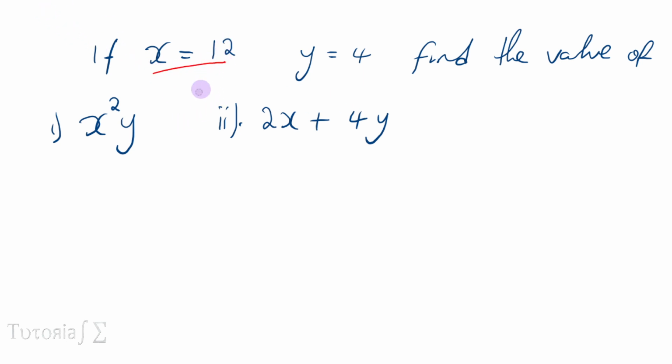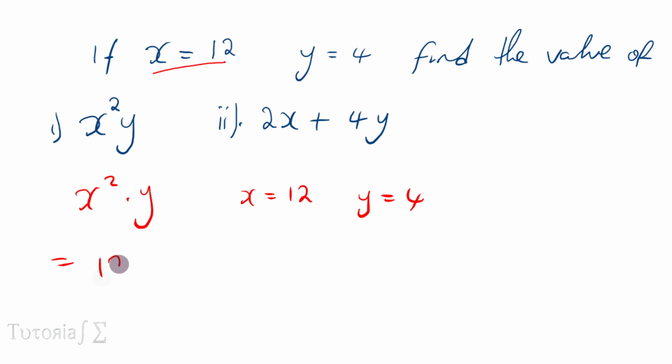So x is 12. For the first one, we are looking for the value of x squared times y. You have to pay attention to which term is squared here. Then our x is 12 and our y is 4. So where there is x in this question, we put 12.